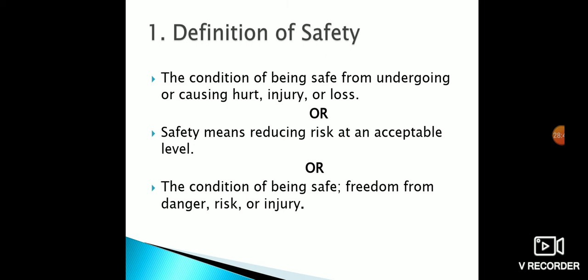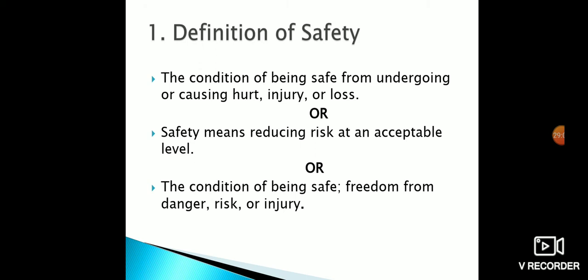This is a very simple definition for you. So this is your first definition of safety.